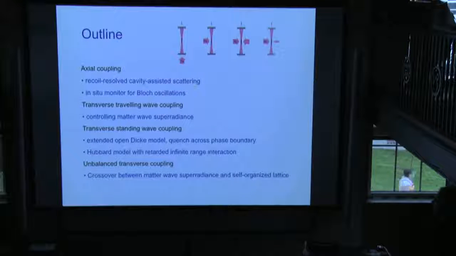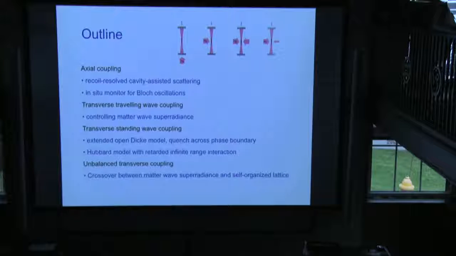Recoil resolved cavity-assisted scattering: we have looked at in situ Bloch oscillation detection in this scheme here. If you have a single-sided transverse coupling, there's physics that connects to metawave superradiance, as it has been looked at in an old experiment by Wolfgang Ketterle.